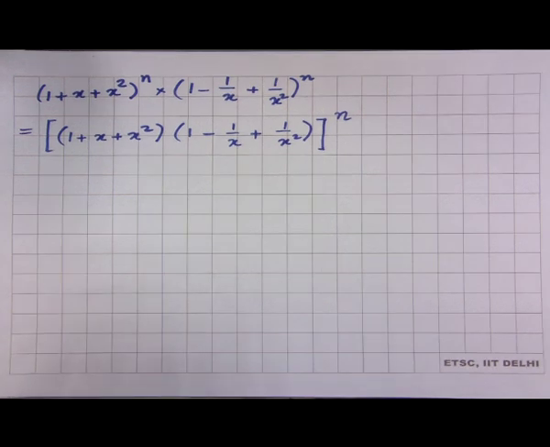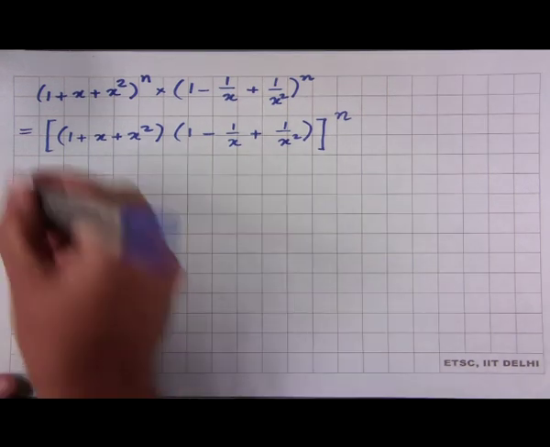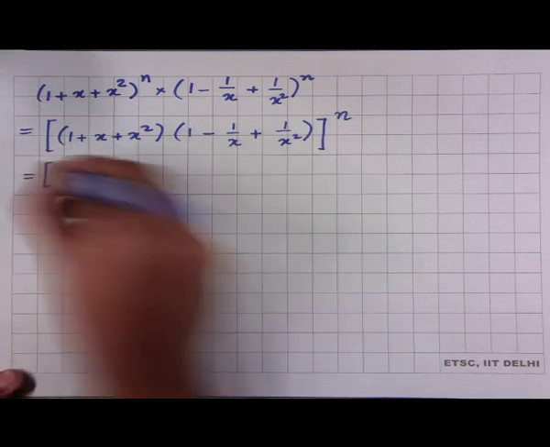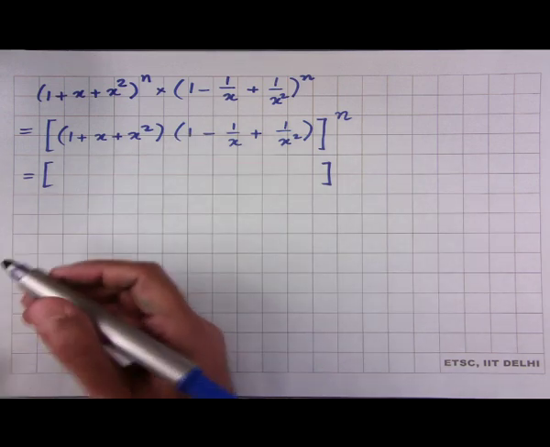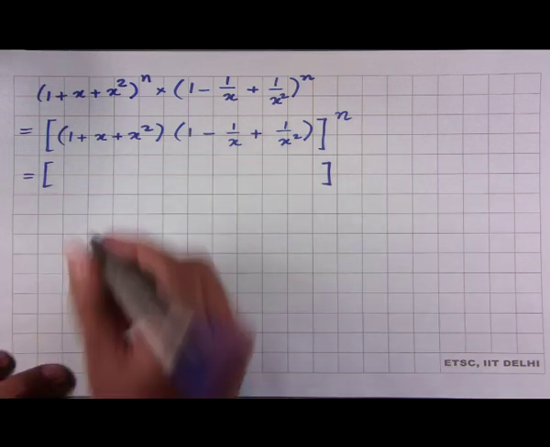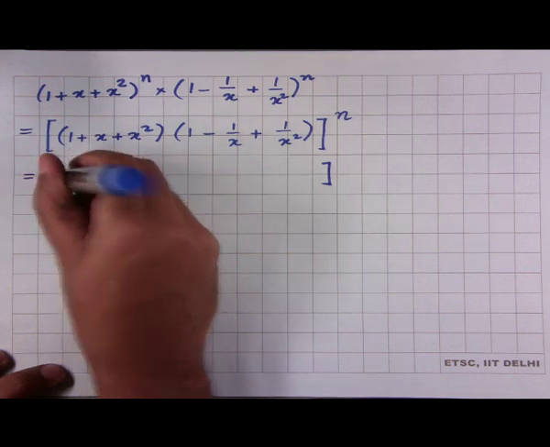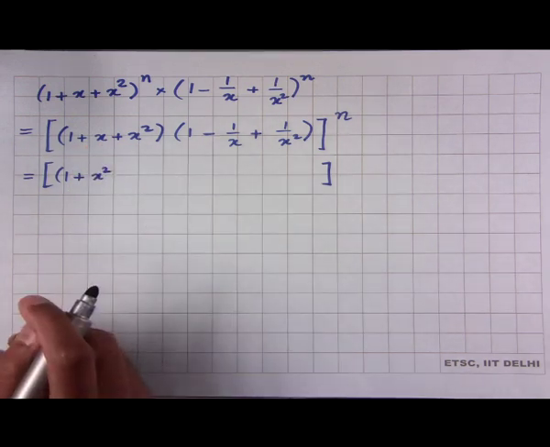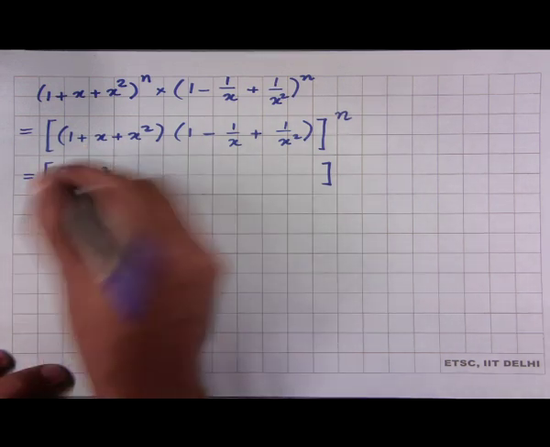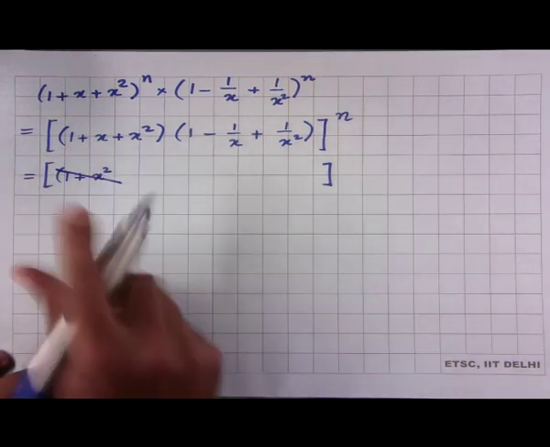Okay. And you know how to do this multiplication. So, you can do term by term, or you can do a plus b times a minus b, in which case you get 1 plus x squared. Oh no, you can't do that. So, let us do term by term.